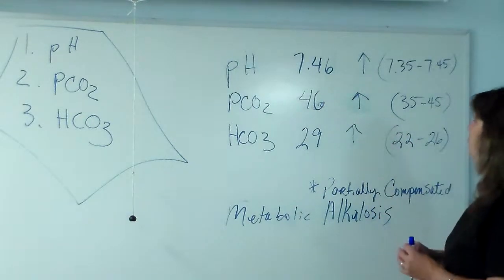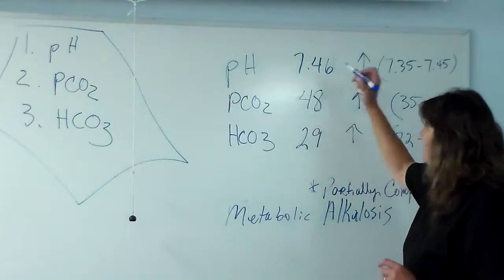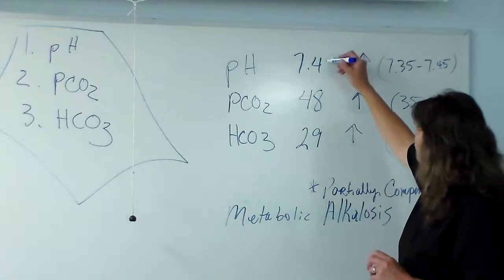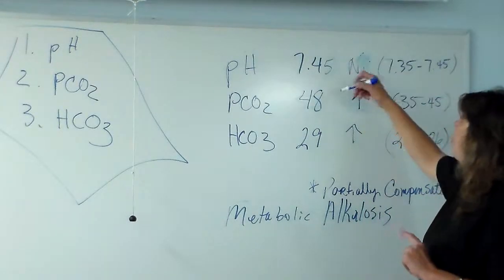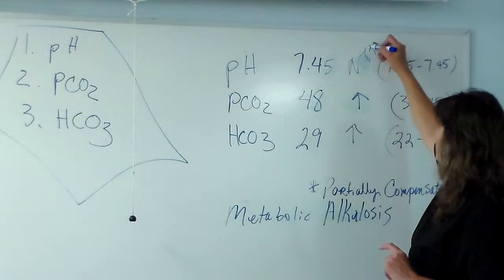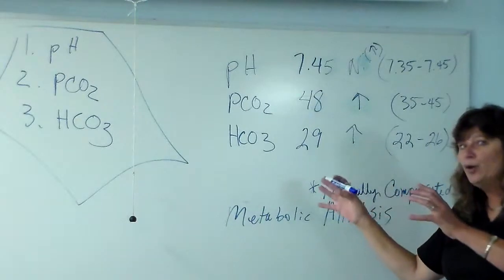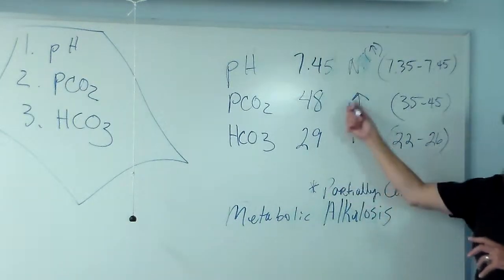Now, if this went up even further, let's say to 48, and this came down to 7.45, this is now normal, bordering on the up level, correct? It's bordering on alkalosis, so we know at some point they were alkalotic because this is all off too.